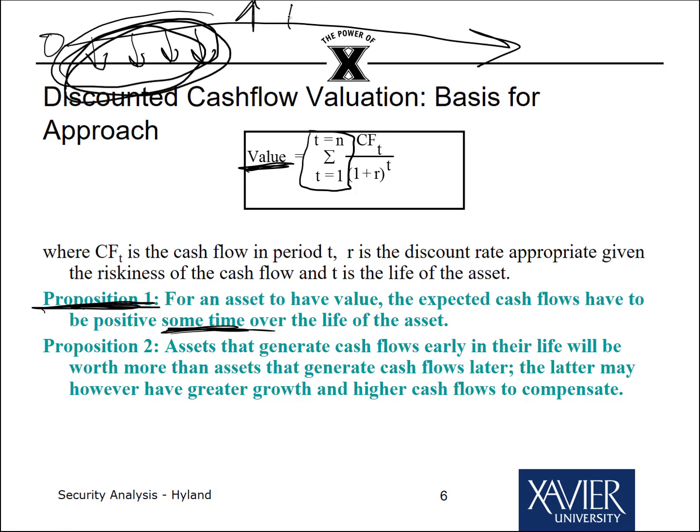As long as they're investing in a way so that these cash flows in the future will be positive, the asset can have value. So that's certainly one of the things I'm going to be looking at when I value assets: is it reasonable to assume at some point the cash flows are going to be positive? Now, from a time value standpoint, any asset that generates cash flow earlier, all else equal, is going to be worth more than later.